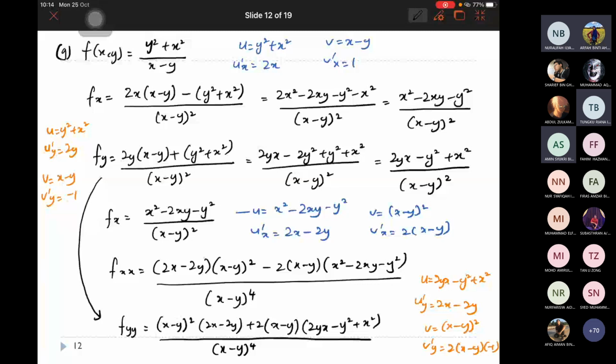Get f_xy. From here, find your f_xy. The last one.